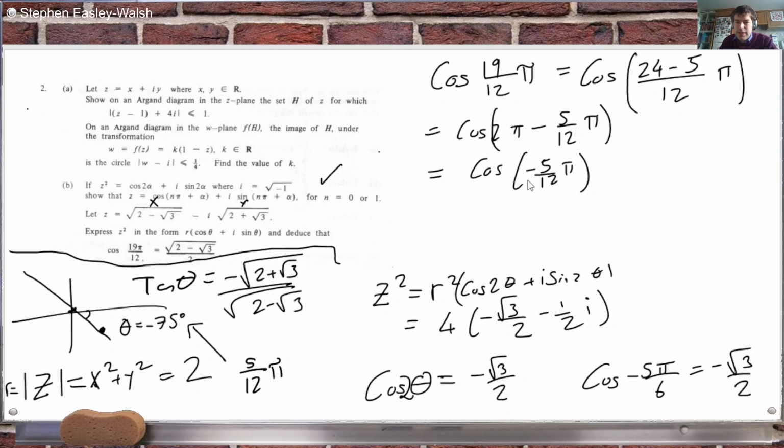Ah, yeah, okay, so that's the original angle, isn't it? So if you let alpha equal minus 5 over 12 pi, then this is equal to cos alpha. And I think that's what this angle is here, or I called it theta anyway. Yeah, it is.